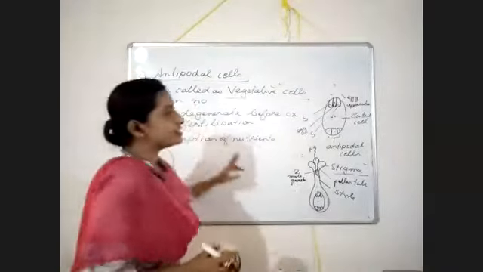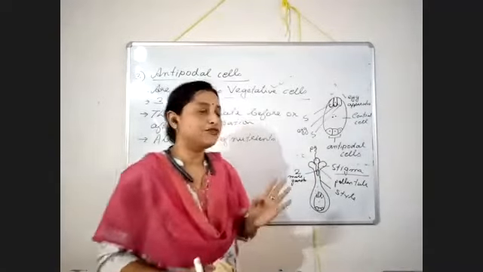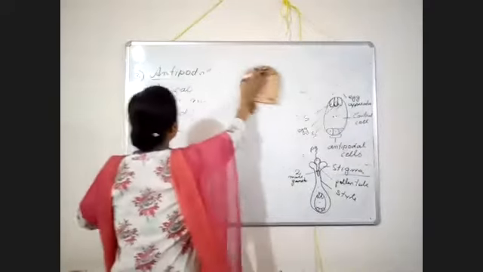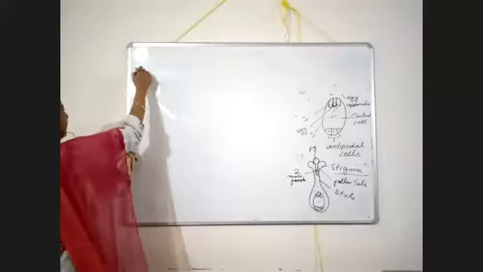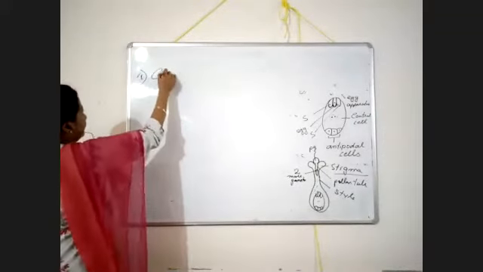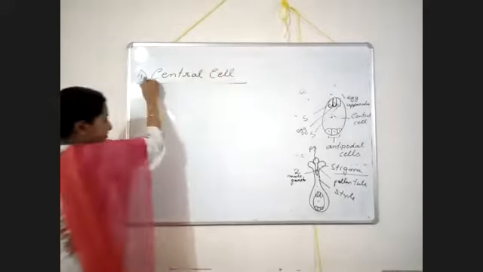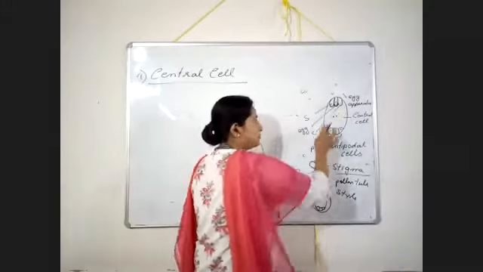So 3 antipodal cells and 3 cells in the egg apparatus make 6 cells, and we are left with the last cell. So in the 7-cell structure, the last cell that we will be discussing is the central cell.